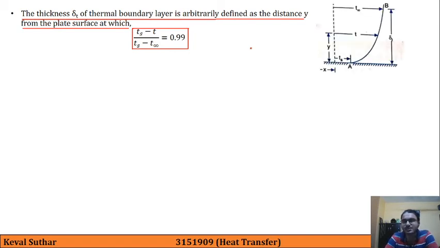That is, as you can see over here, the similar kind of curve we have seen in our previous figure. Here, let us say that this is the temperature.